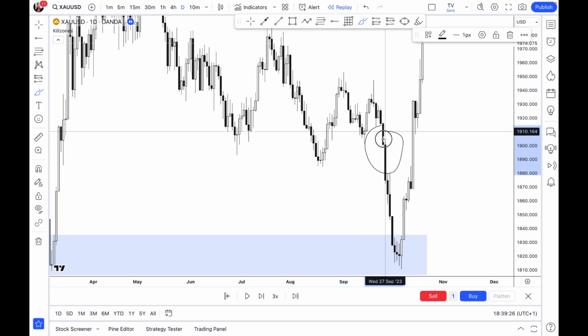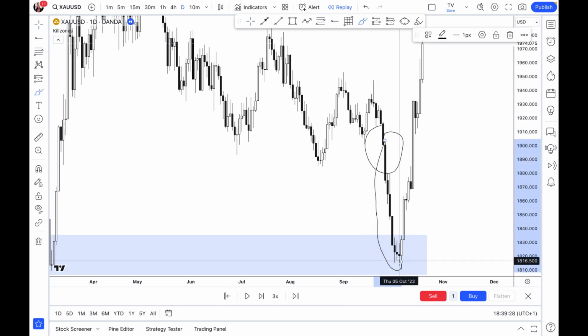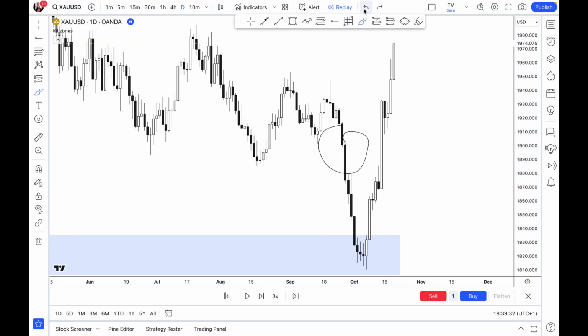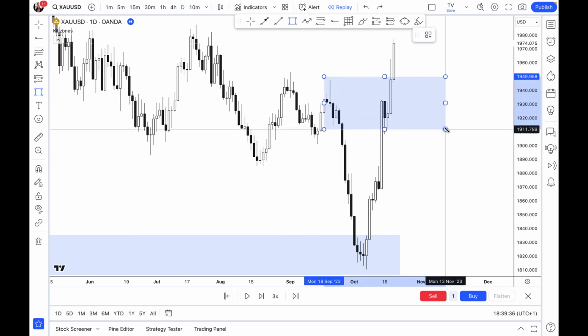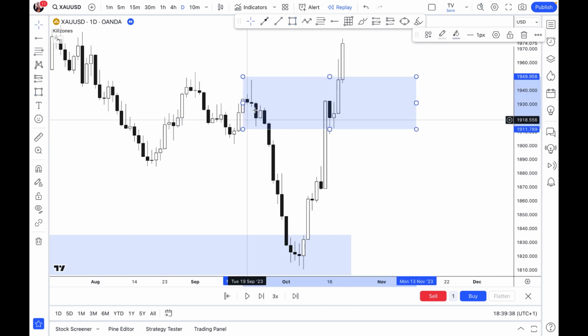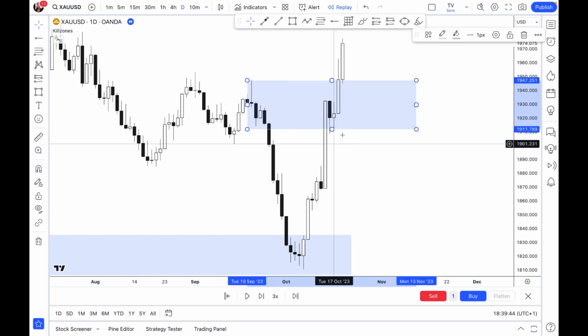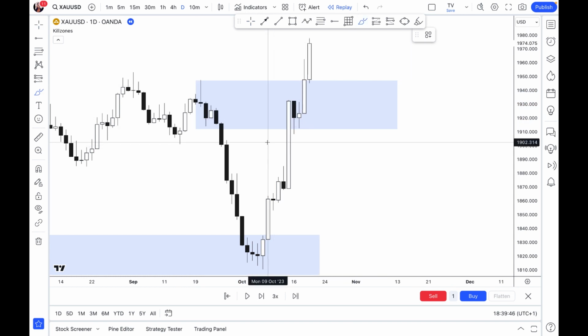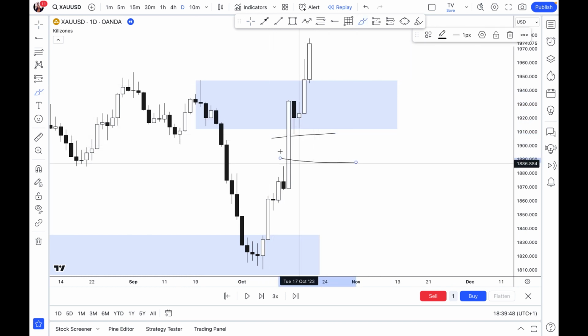The imbalances right here, that were left behind when the market was pushing, you can see price has now filled up. So at this point, if you were on the chart trading gold, you might be looking to take a sell trade from here, because this is now a supply level that we can get a sell trade from, for price to come to fill up this level of imbalance, or this level of imbalance as well.